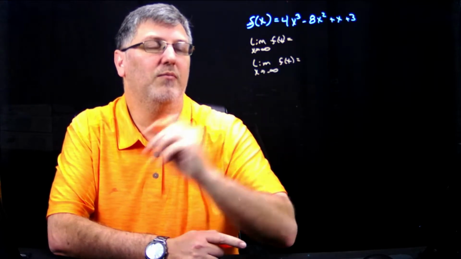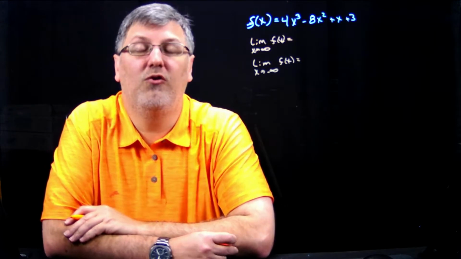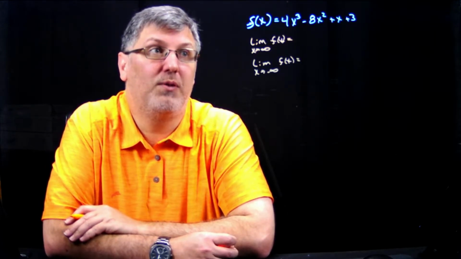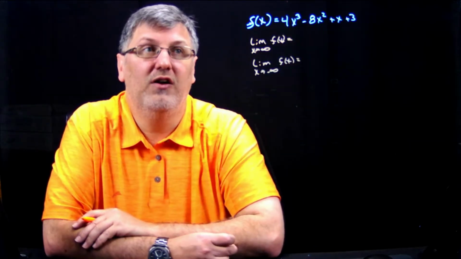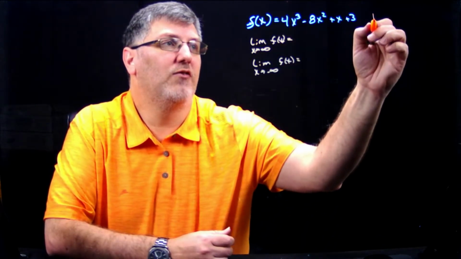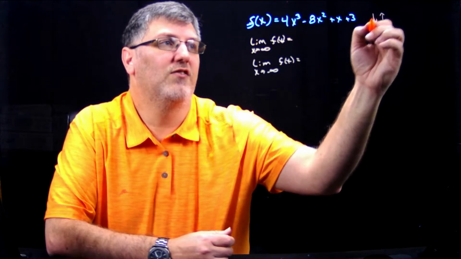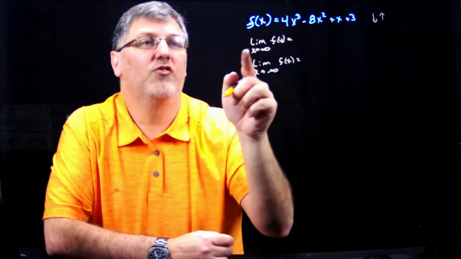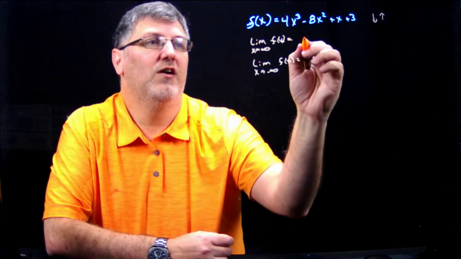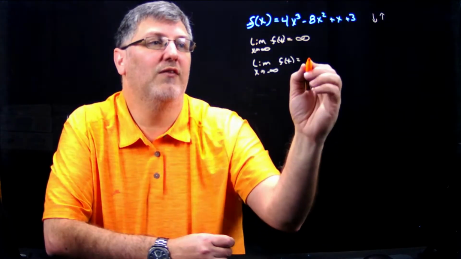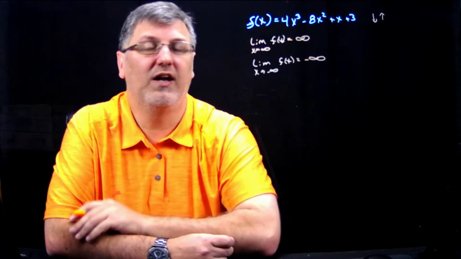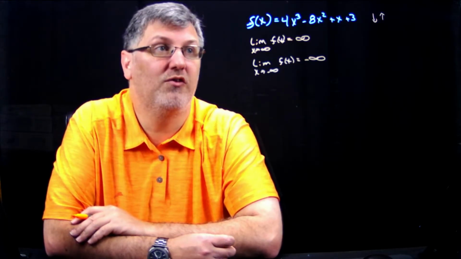My leading coefficient is 4, so that's positive, and my degree is odd. That tells me that my graph is going to do something like this. It's going down and then up. As x approaches infinity, y is going to approach infinity, and as x goes toward negative infinity, y is going to approach negative infinity. So that's the end behavior of this graph.